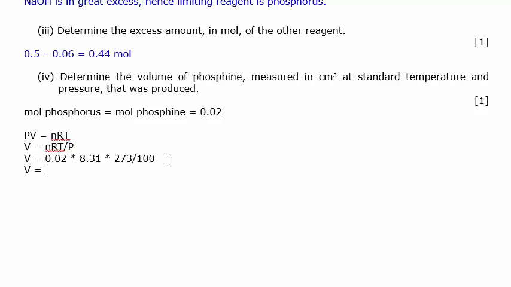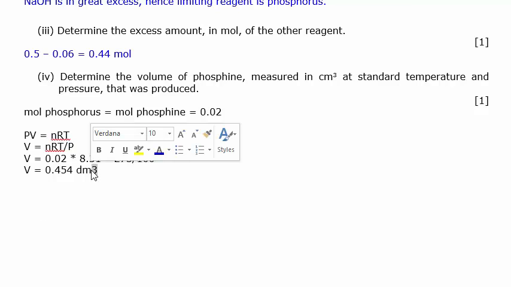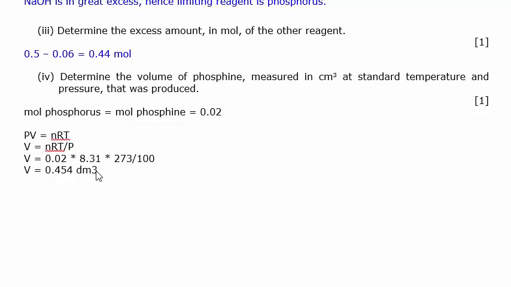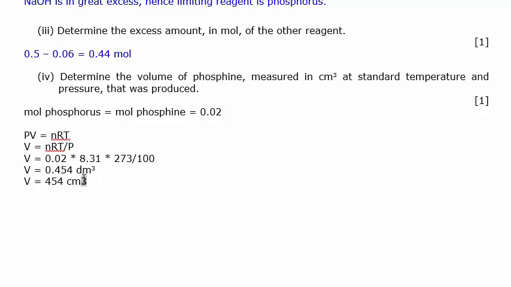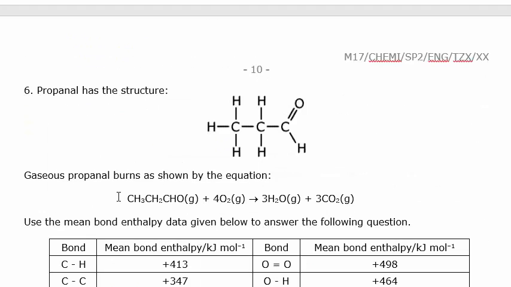V equals 0.454 litres, but we want to know the answer in centimetres cubed, so of course we must multiply that by 1000, so it comes to V equals 454 centimetres cubed. Let's get the indexes correct, just to make it look attractive. Let's make all that nice and blue to show it's an answer. And let's push on to the next question.